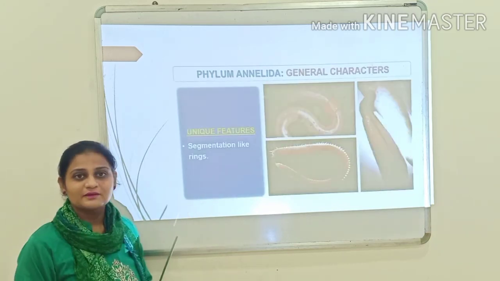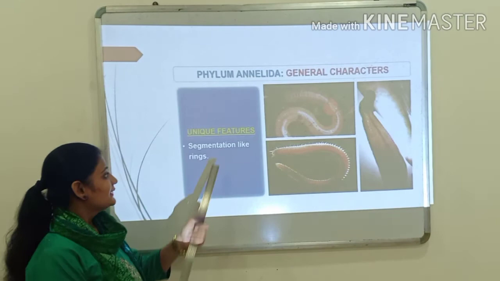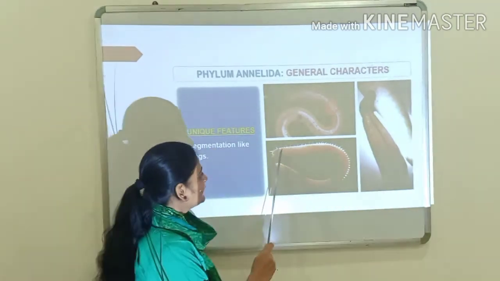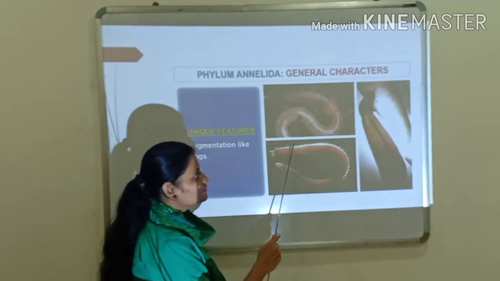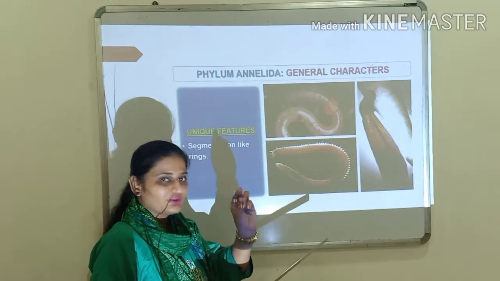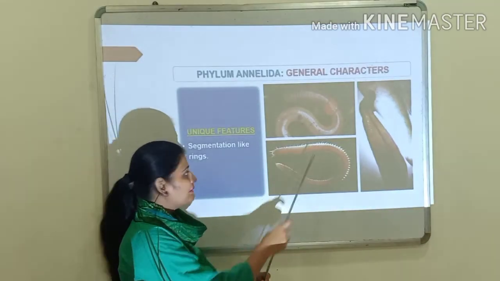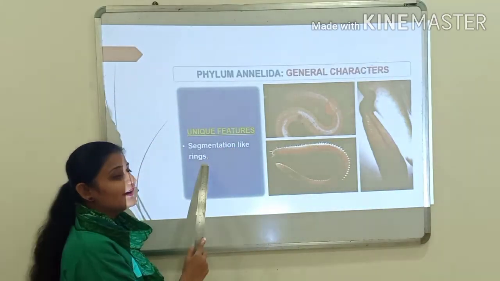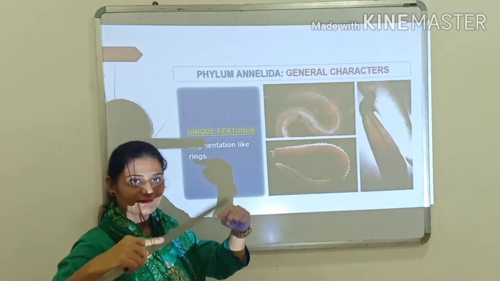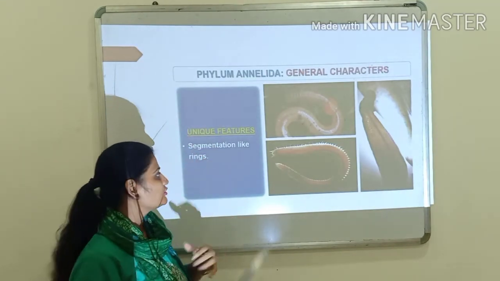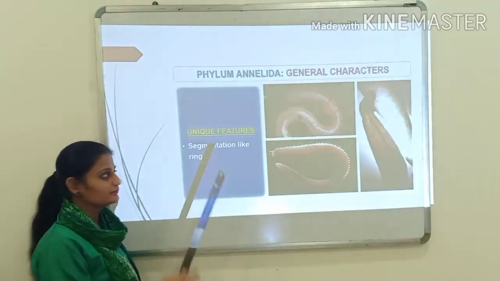Let us study about some unique features. Segmentation is observed. You can see here the body is divided into small segments. There are small segments or fragments in the body, and segmentations are like rings. Okay, throughout the whole body there is segmentation, so it forms the ring.